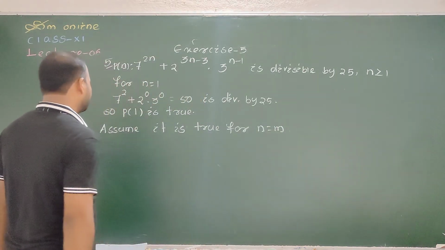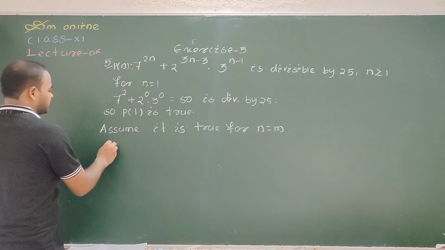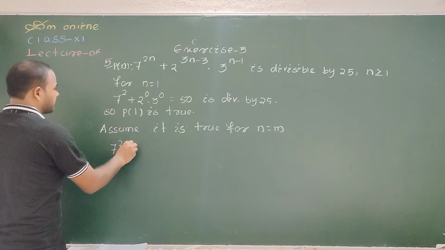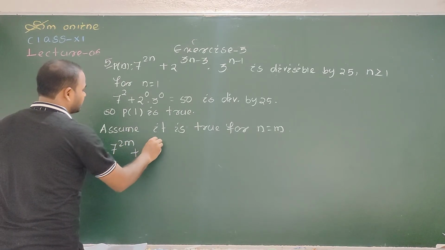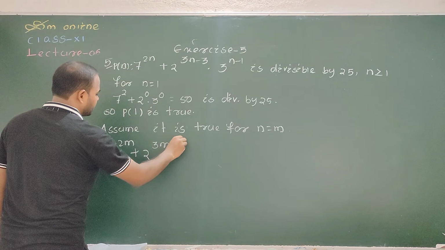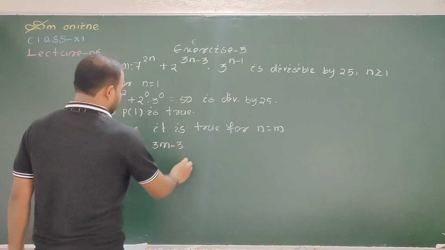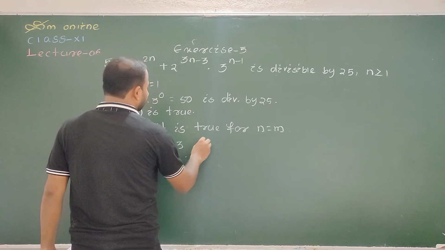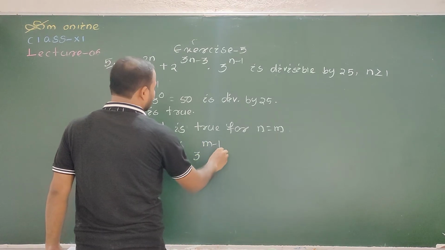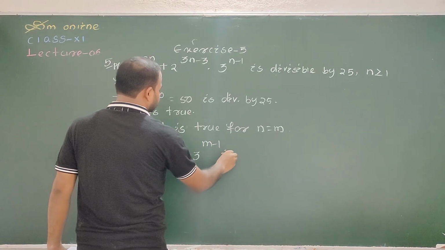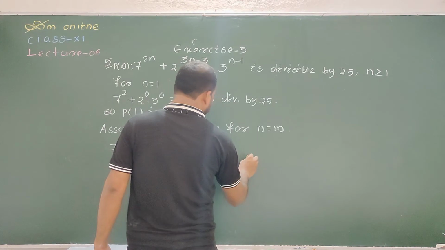Okay, so 7 to the power 2m plus 2 to the power 3m minus 3 into 3 to the power m minus 1 is divisible by 25.